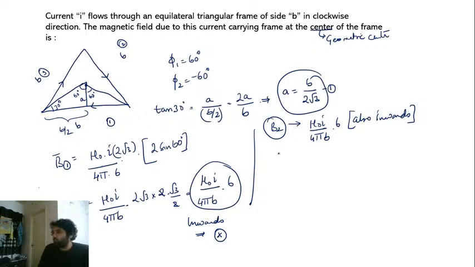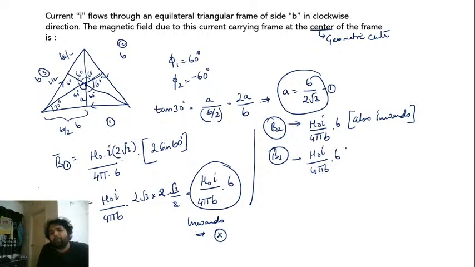Similarly, B3 will also have the same thing, because the angles are the same here too. Everywhere it is symmetric. This angle is 60, this angle is 60, this is a by 2 and this is b by 2. Using the same logic, we end up getting the value μ0 I by 4π b into 6 by symmetry.